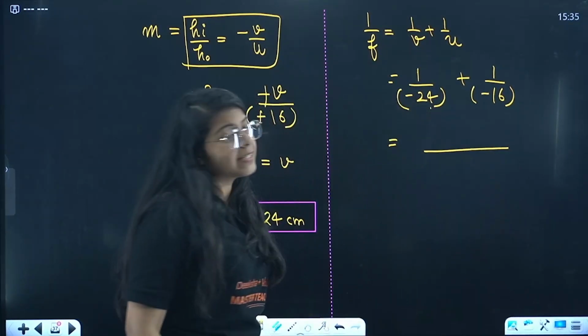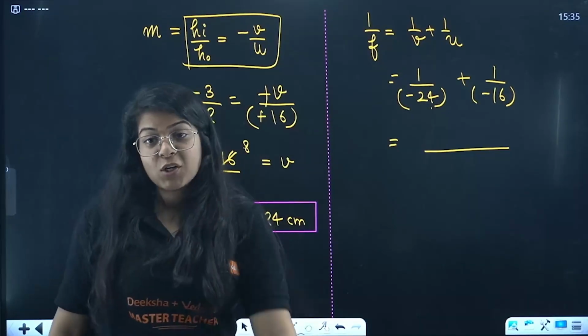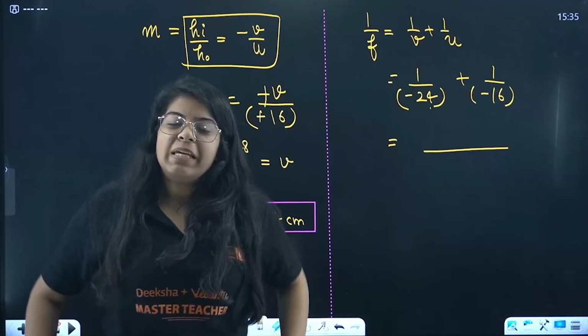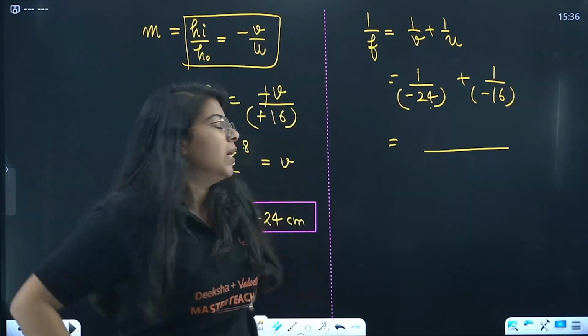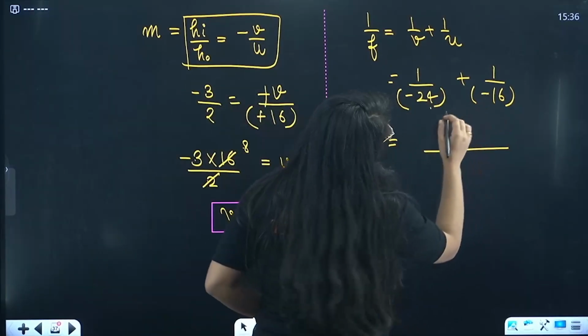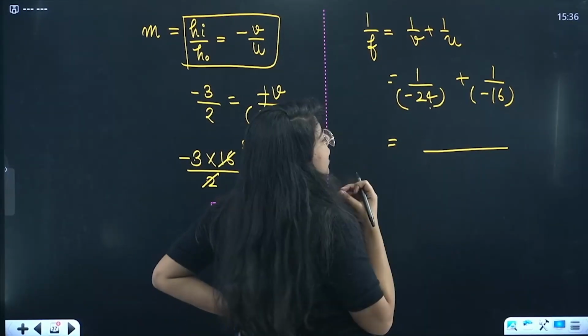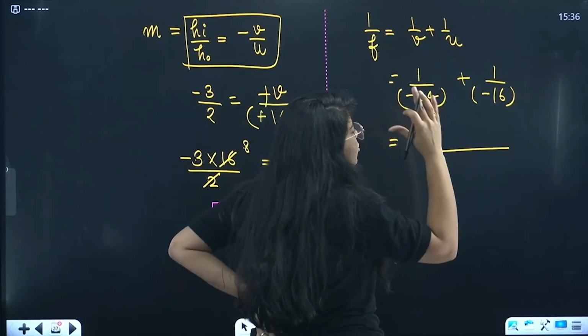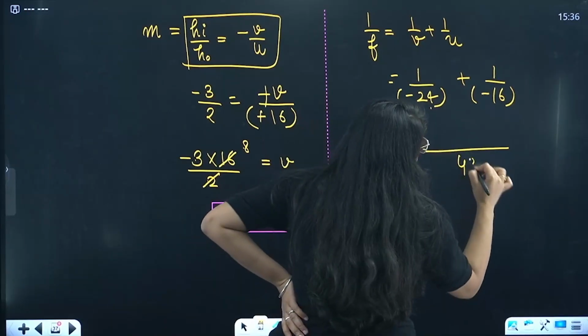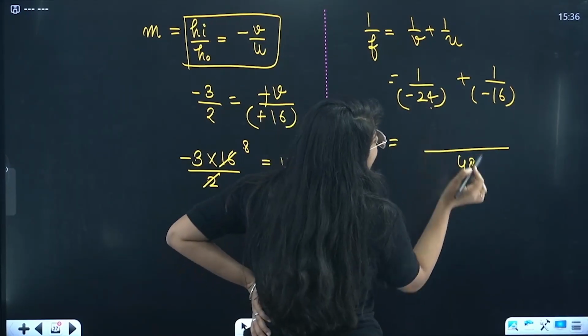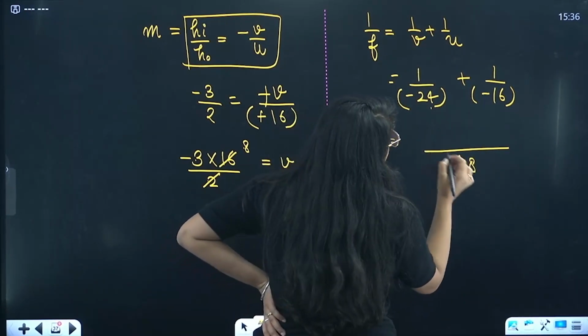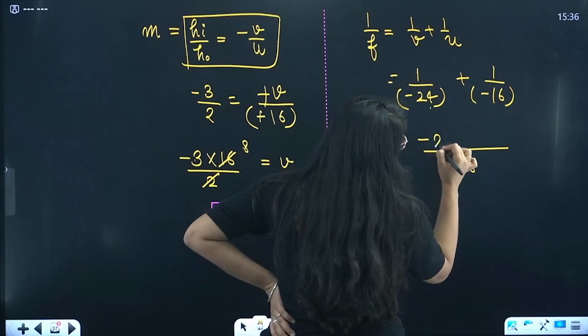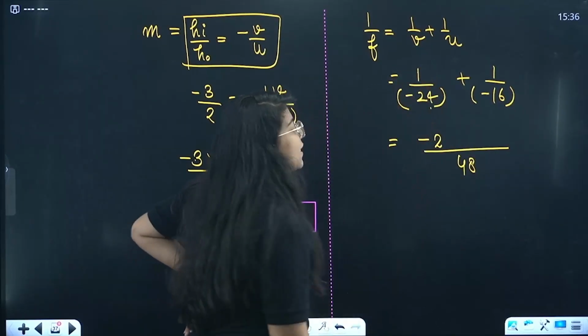You just take this LCM, and let me know in the comment section what your answer will be. Okay, I'll do it. If you take the LCM, this is a little bit difficult, you have to use your brain, but you can take the LCM as 48. 24 twos are 48, so it will be minus 2. This minus you can switch with minus 1 as well.